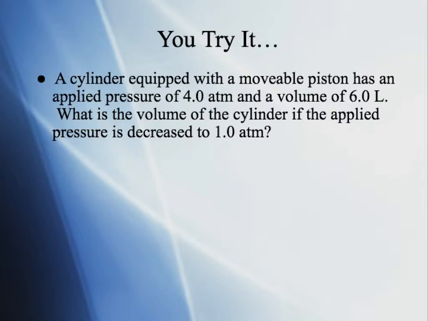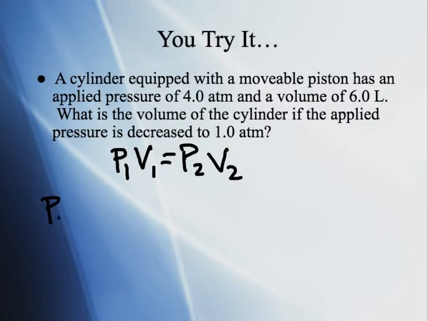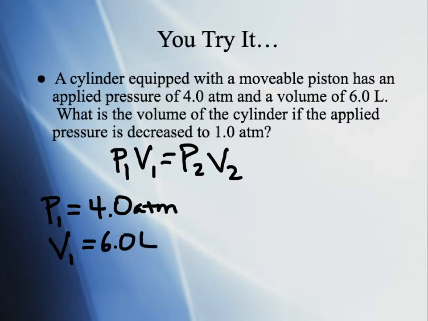Okay, so again, you are going to use P1 times V1 equals P2 times V2. I'll help you get a little head start on this, and then you can finish up the rest of the calculation. It says that it's equipped with a piston that has a pressure. So here's our P1 of 4 atmospheres, and its volume is 6.0 liters.